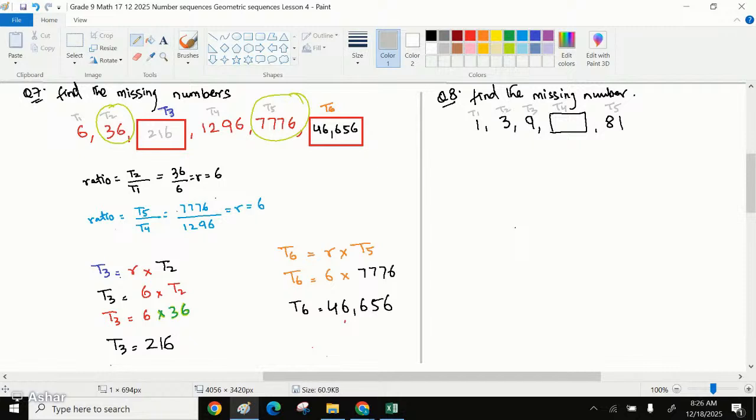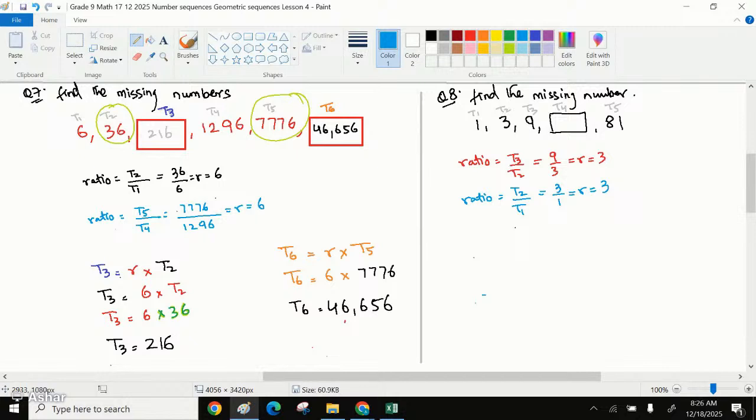In order to find the pattern, we find the ratio. So we can say that ratio would be, let's suppose term 3 divided by term 2, that is 9 upon 3. The ratio comes out to be 3. Or we can say the ratio is term 2 divided by term 1. That is 3 divided by 1. That means the ratio comes out to be 3.